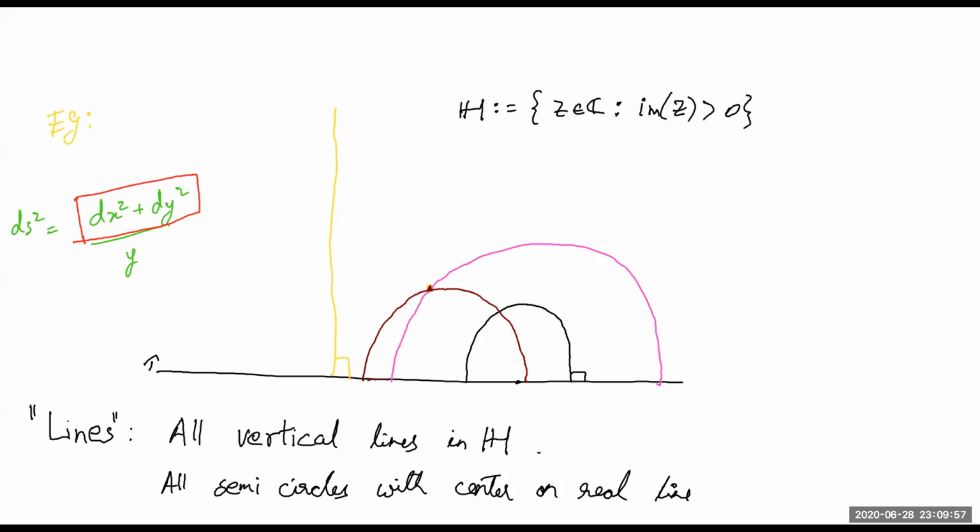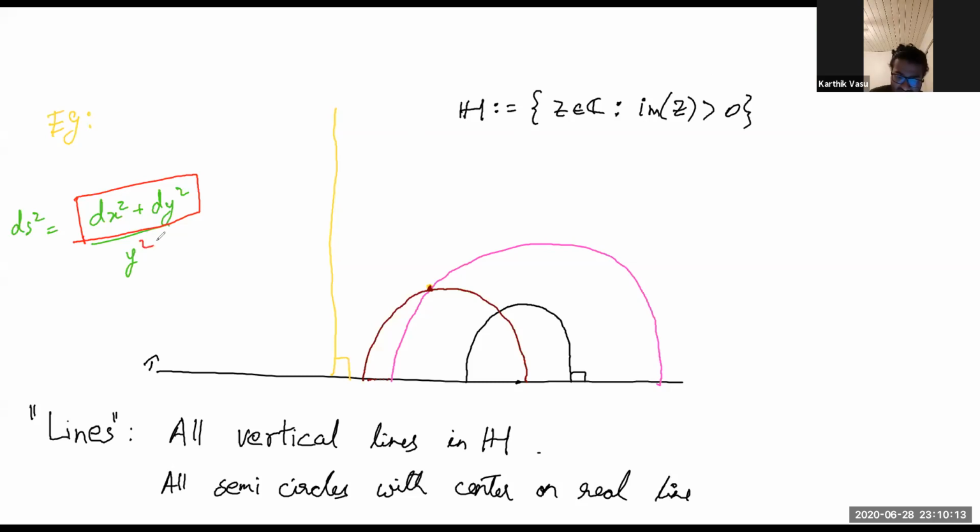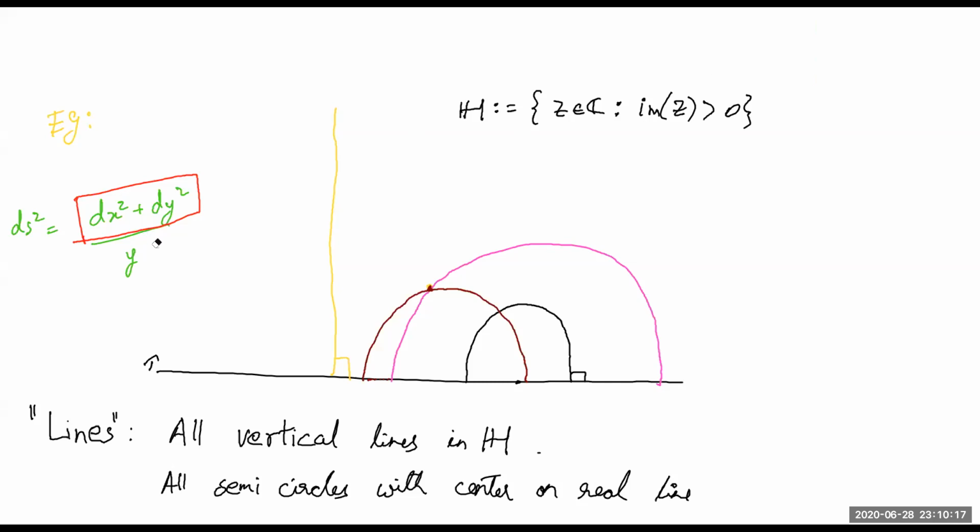Next time. I just had one question. So is your metric 1 by y or 1 by y squared? I think y is okay. I don't remember. Oh no, yeah, it should be y squared. I'm not sure. Let me check.